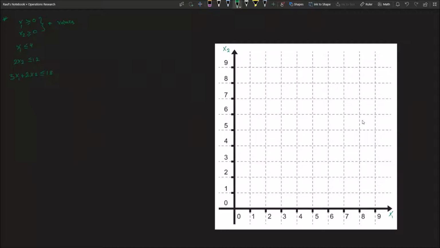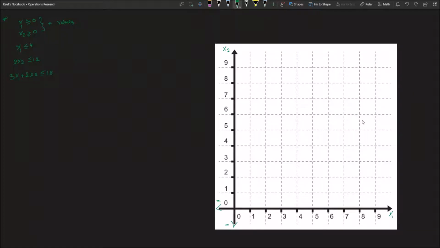As we know in the Cartesian method, you can have the minus terms in here and here, but since our x1 and x2 are positive values, the x1 and x2 values will lie in the right upper corner of the Cartesian. So that's the branch that we want to work on, just to keep in mind.